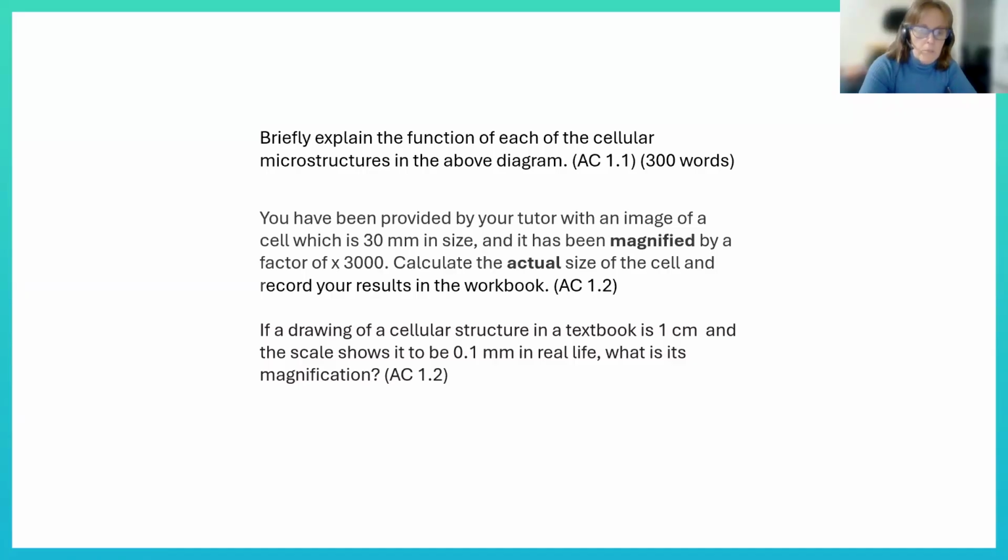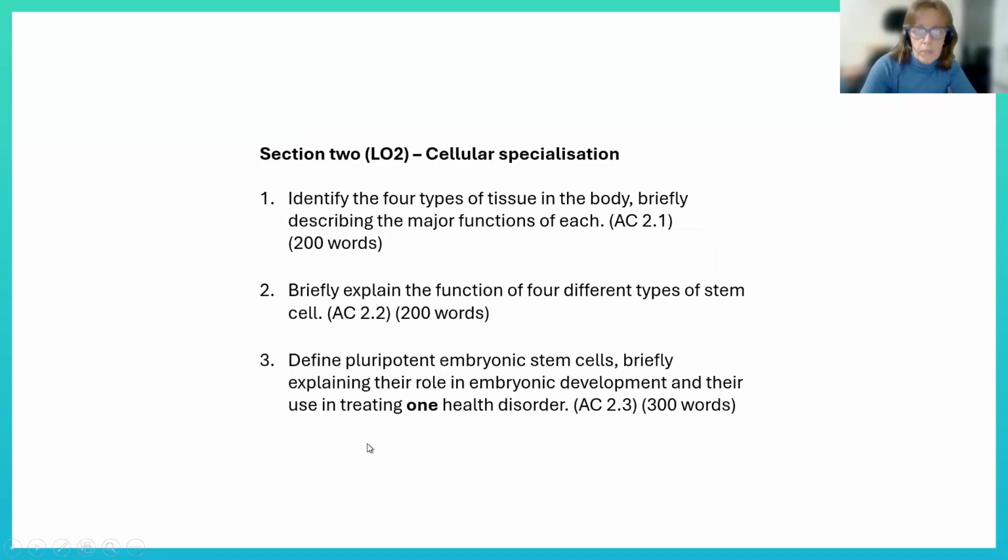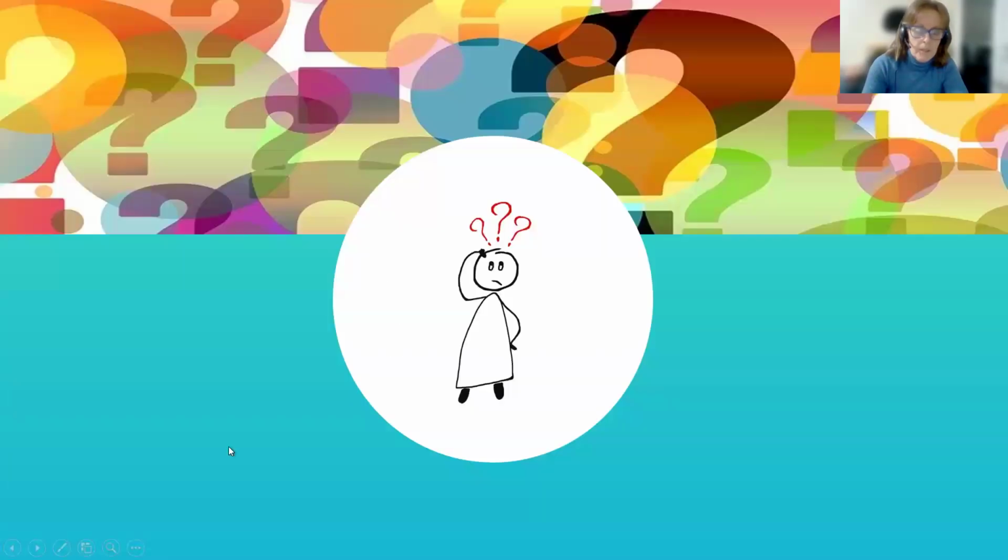You should be able to do the magnification calculations, and you should be able to identify different tissue types and briefly describe them in the body, but not the stem cell stuff. Next session on Saturday, or whenever you watch the recording, we will have a look at the stem cell part of the assessment.